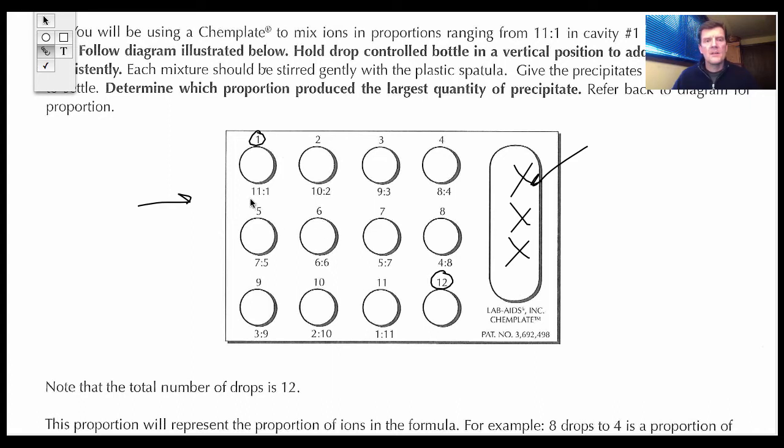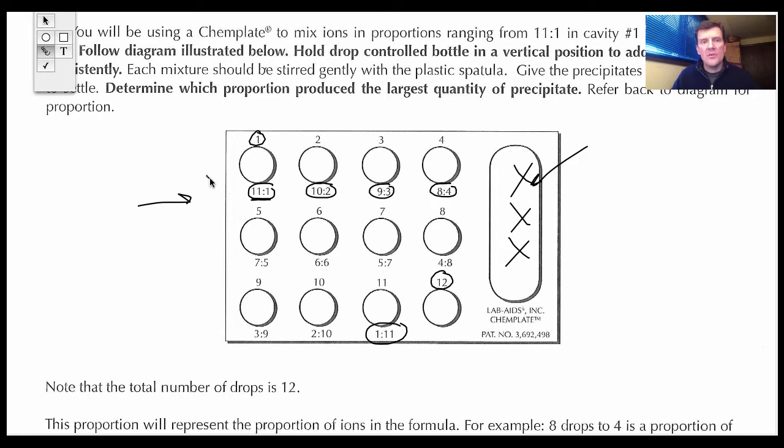According to this diagram right here, below each of the circular wells, not on your chem plate, but on this diagram, you are looking at a proportion. So 11 to 1, 10 to 2, 9 to 3, 8 to 4, etc., all the way to 1 to 11. That ratio is telling you the ratio in which you are combining drops of each of the chemicals.